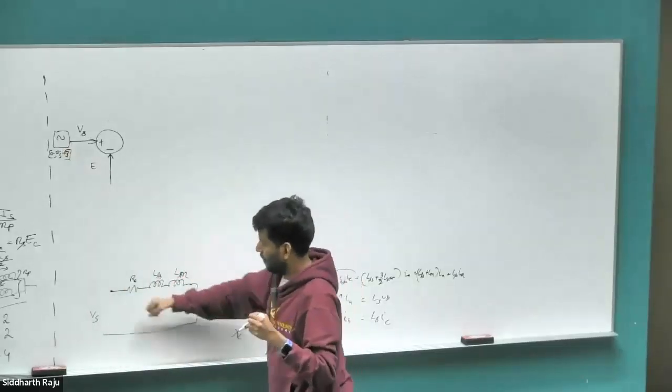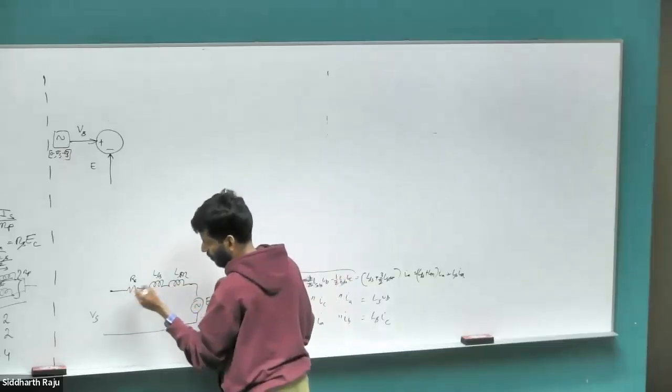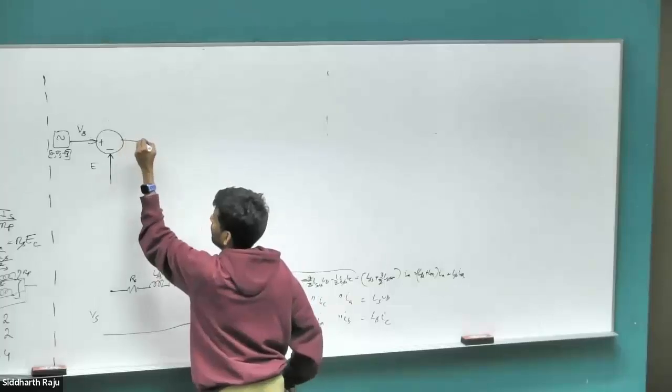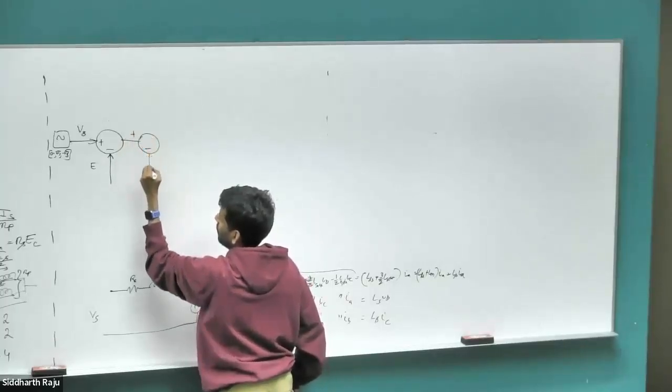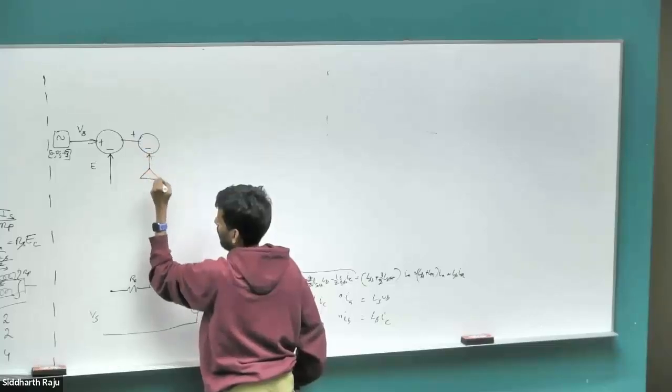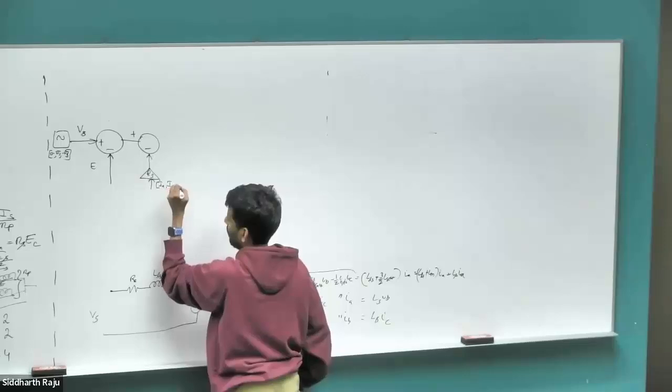Subtract the EMF. What you're left with is the voltage drop across this whole thing. We can first take out the voltage drop due to the resistance. So we have positive, negative, some resistance RS, and then the currents, all 3 currents, IA, IB, and IC.